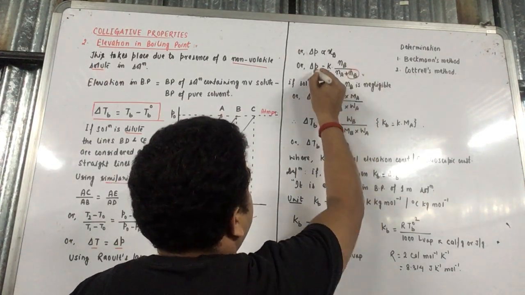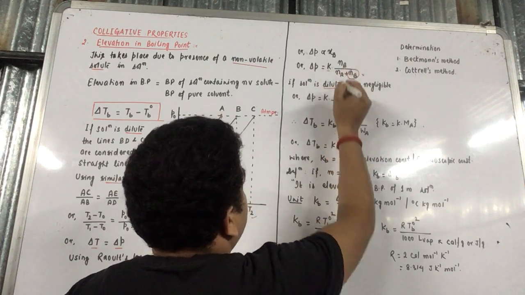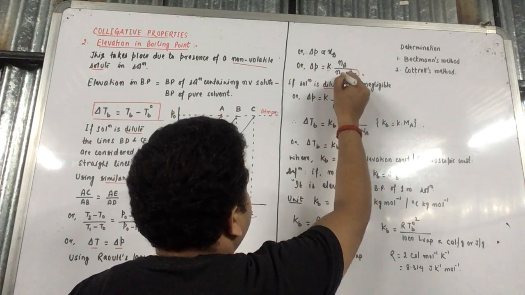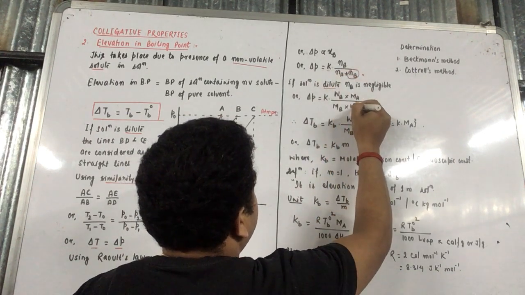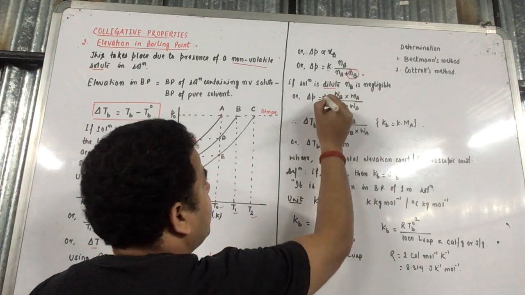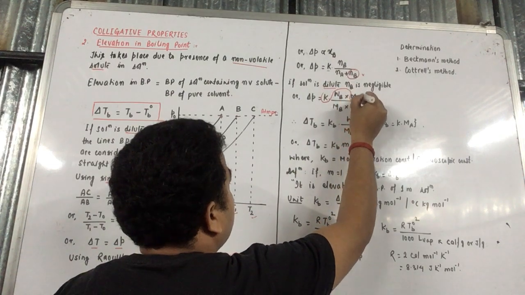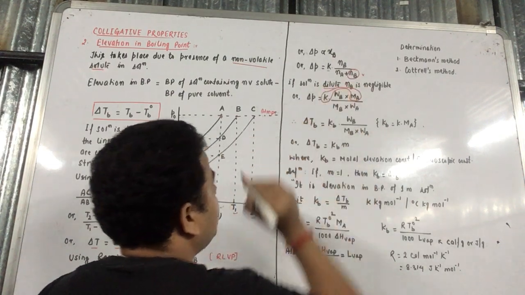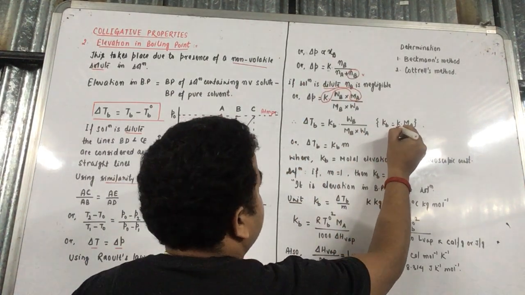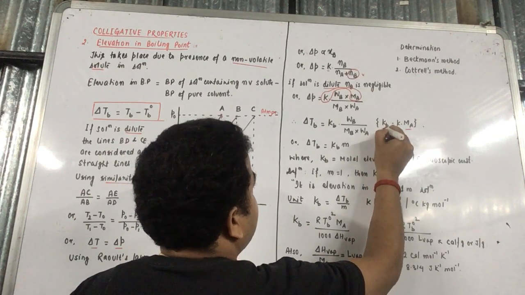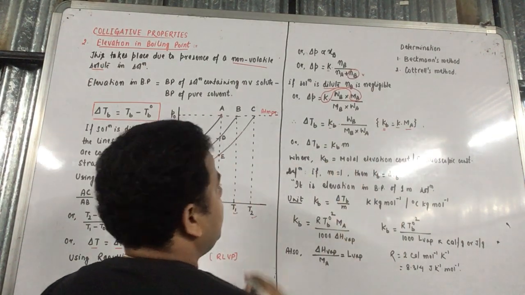The equation क्या बनेगा? Delta P is equal to K. NB को मैंने तोड़ दिया, WB by MB. NA can be written as WA by MA, तो ऊपर चला गया. Now K is a constant and molar mass of solvent is another constant. So K multiplied by MA is written as KB, a new constant.